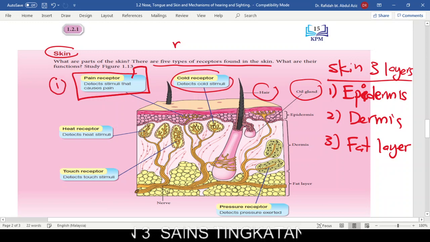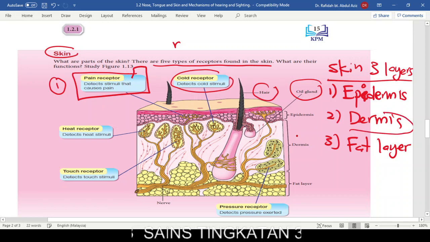Its position is at the epidermis. The one and only receptor located at the epidermis is the pain receptor, so you can see it is very close to the outer part of our skin. The other 4 receptors are inside the dermis.